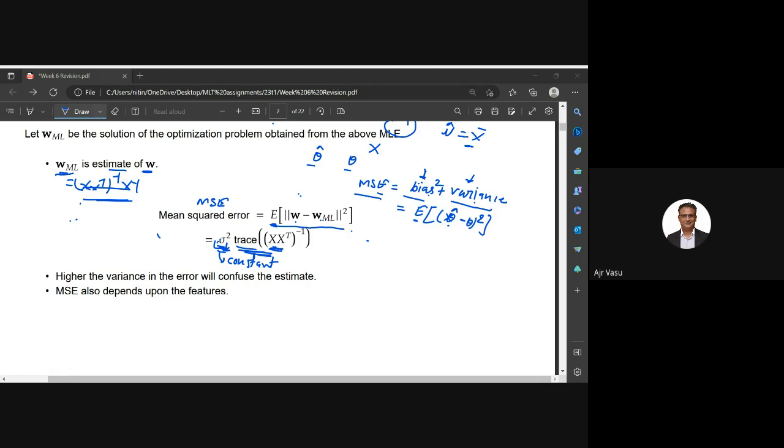We just keep on doing ML estimation more and more times, then it will converge to the mean. That's what expectation means. It's a particular case when you are taking a sample mean as your estimator for your mean, right?